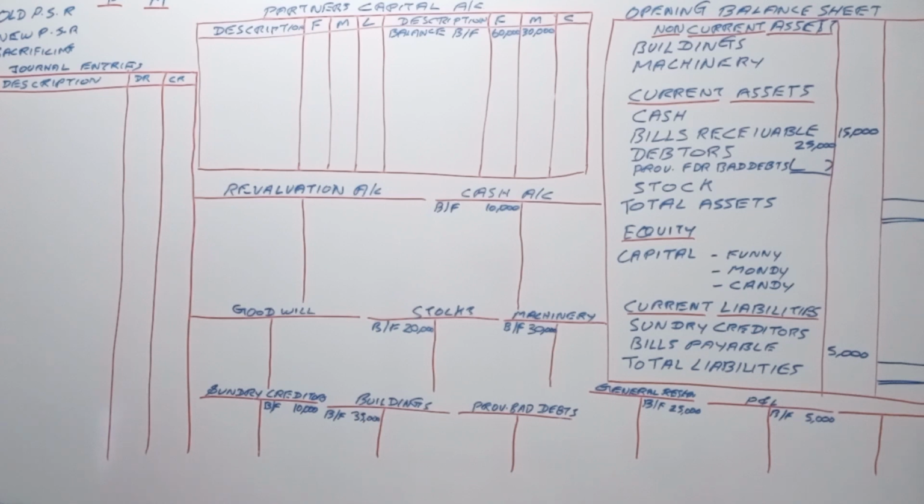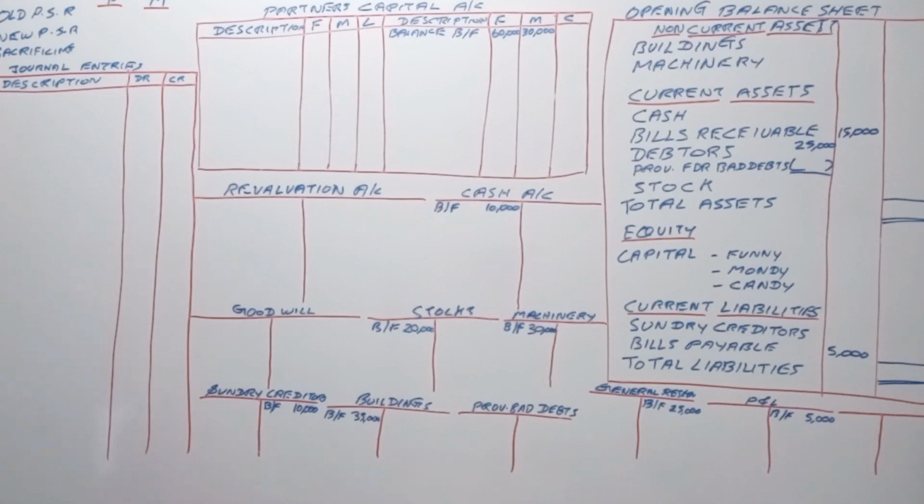Fanny and Mundi are partners sharing profits and losses in the ratio 3 is to 2 respectively.